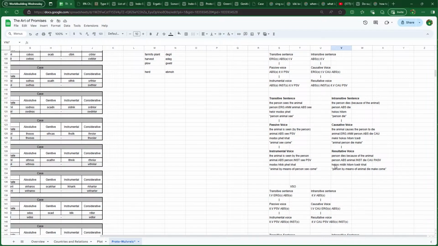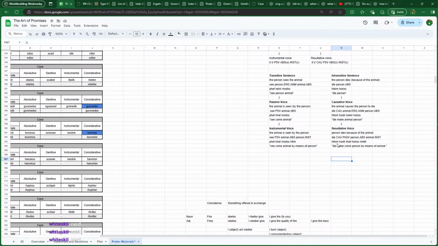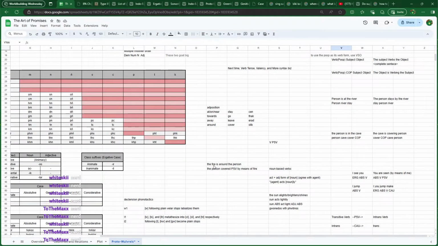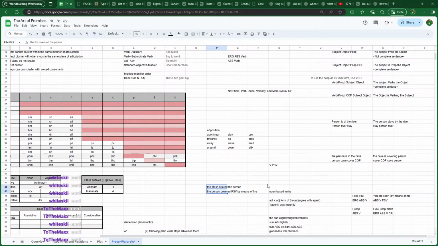Wait. Wow, my brain just died for a second. One moment. Hokos mladik hitom cheddar kat. And then for the verb emphasis, hitom cheddar kat holos mlilik. Cool. So now we can talk about the fires around the person and the person covered passive.